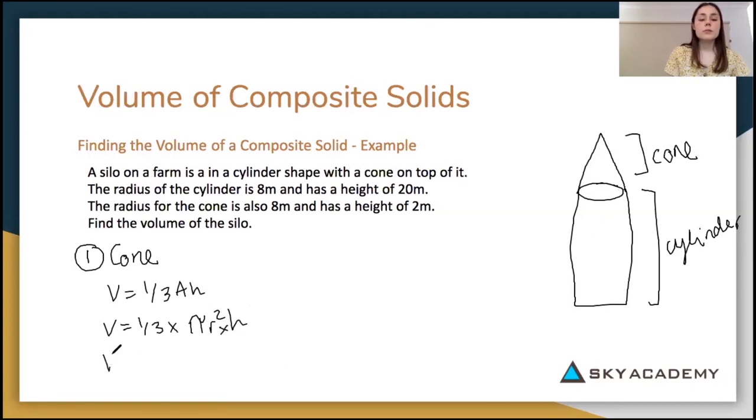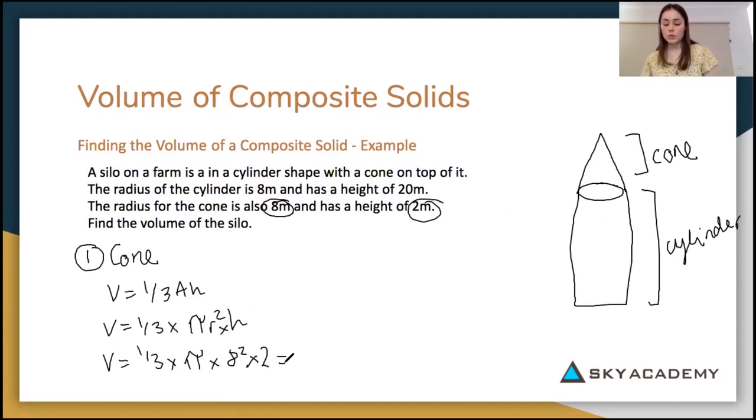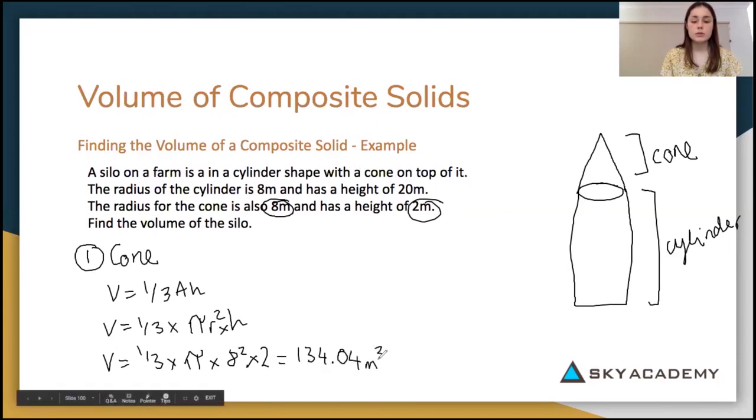So if we sub in information for our radius and our height, the radius for the cone is 8 meters and the height of the cone is 2 meters. Putting that into our calculator, we should get an answer of 134.04 meters cubed.